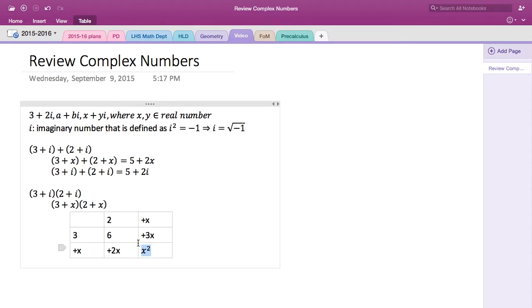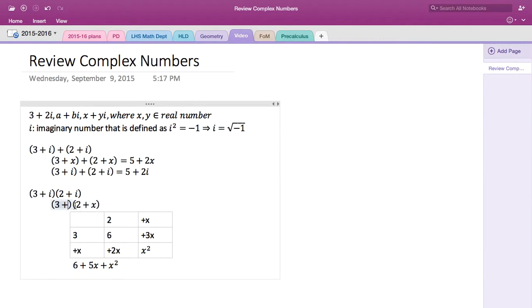So in order to get the area of the entire rectangle, you have to add them. So we have 6 plus 3x plus 2x plus x squared. Now 3x plus 2x is 5x, and then x squared. This would be done if this is Algebra 2 class and you're not dealing with complex numbers.